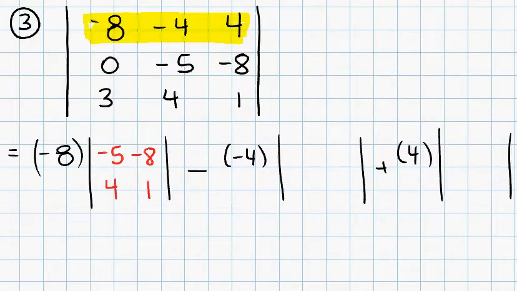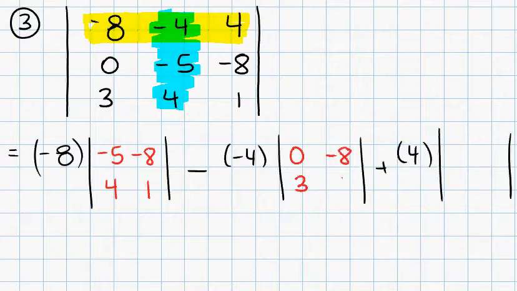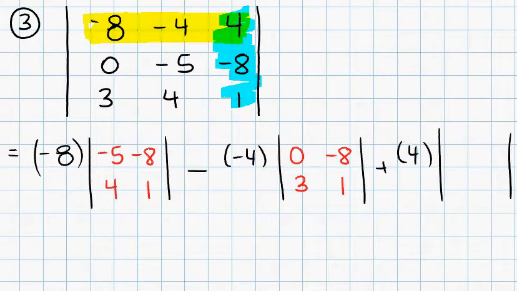Moving along, if we get rid of -4's row and column, the numbers that are left are 0, -8, 3, 1. One more time, if we get rid of the 4's row and column, the numbers that are left are 0, -5, 3, 4.